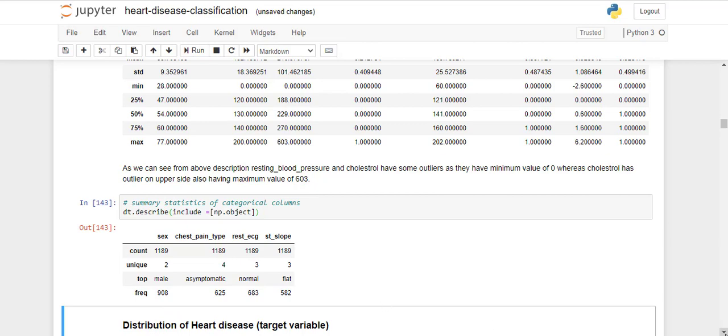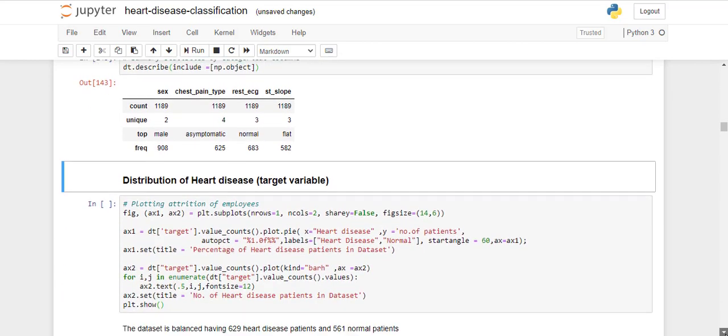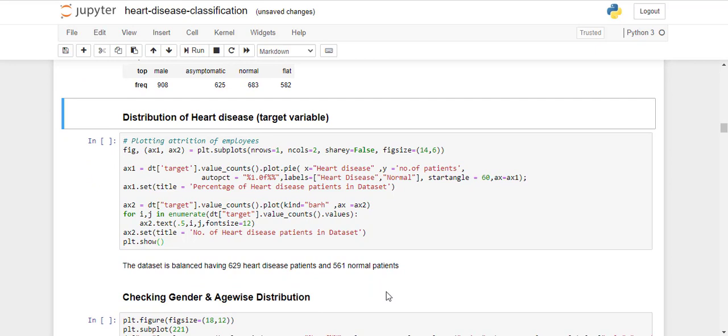Next, we will see whether the target variable is a balanced dataset or not. In my previous lecture, I also told you, if your dataset is not balanced, then the approach will be different. You have to apply upsampling and downsampling techniques. But if you have a balanced dataset, then things are a little bit easier for you. So let's see whether the data is balanced or not.